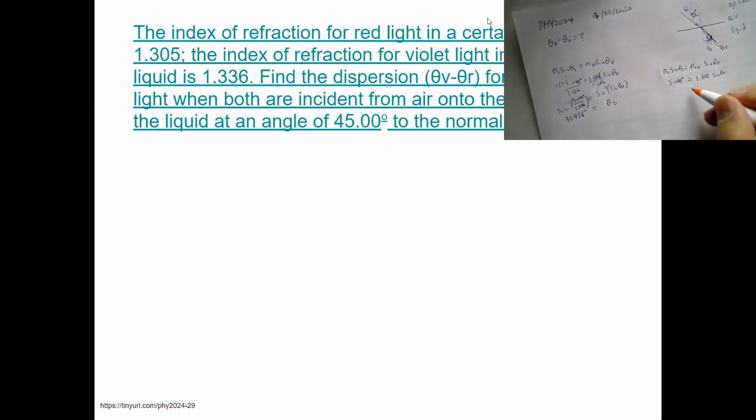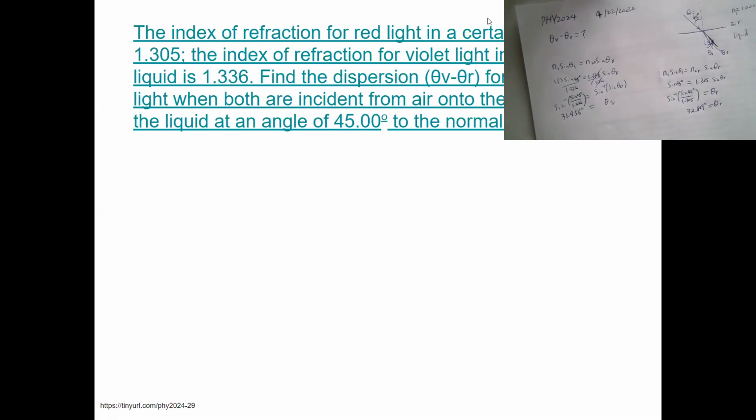So my theta r will be equal to sine inverse of sine 45 degrees divided by 1.305. Instead of 1.336, you change that to 1.305. That gives you your theta r, the refracted angle for the red light, which will be 32.809 degrees.